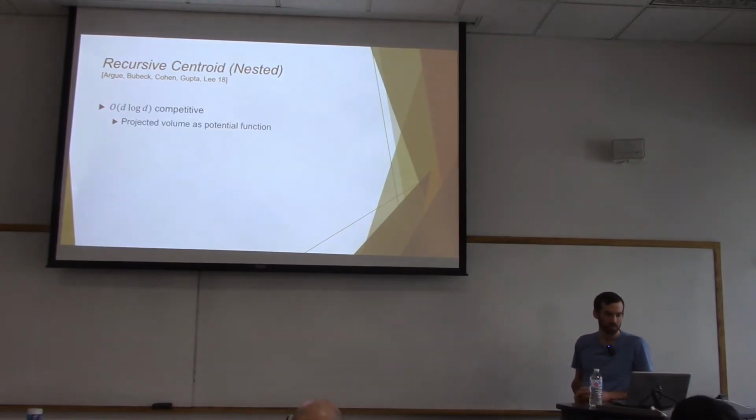So this algorithm ends up being d log d competitive, and I won't get into the proof of this, but the one-line summary of the main idea is that we tracked the notion of progress as a projected volume rather than the entire volume.